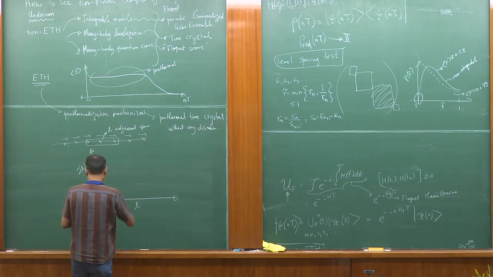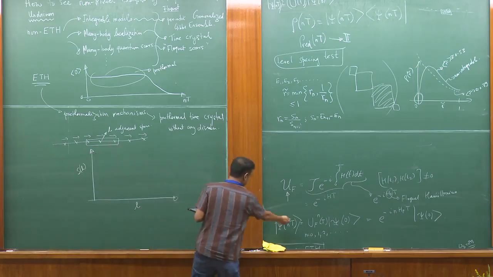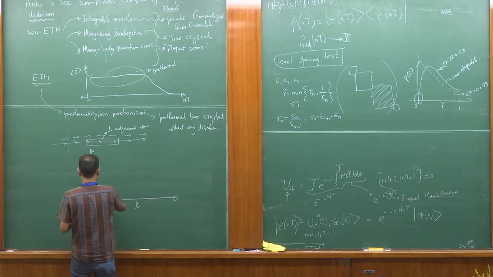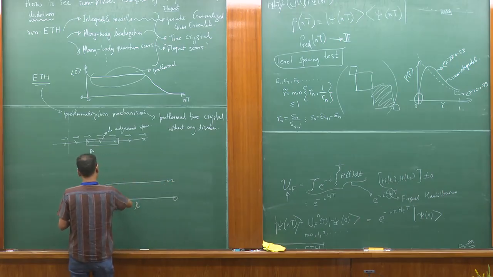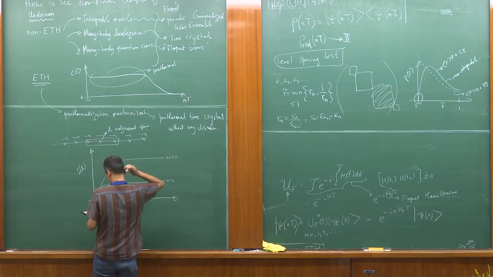So suppose you are looking at it stroboscopically as a function of n. So suppose you look at this graph for n equal to 2, maybe, then it looks like this. For n equal to 10, it looks like that.